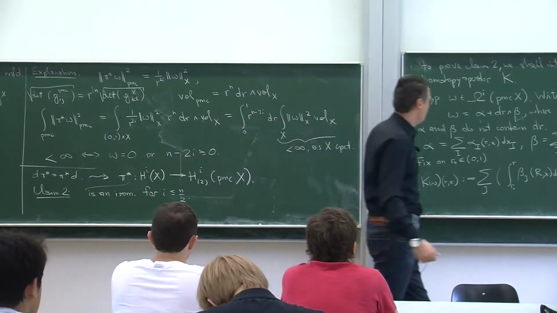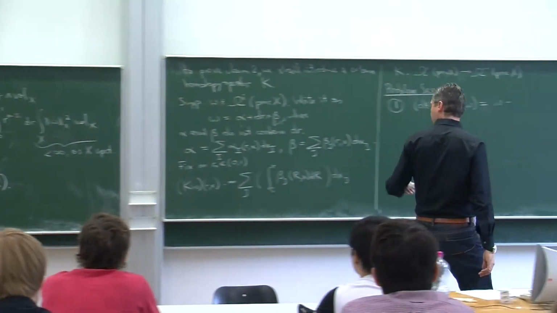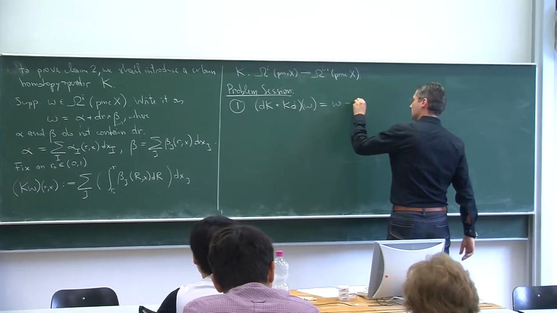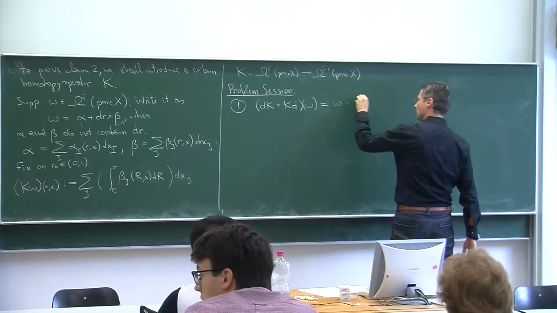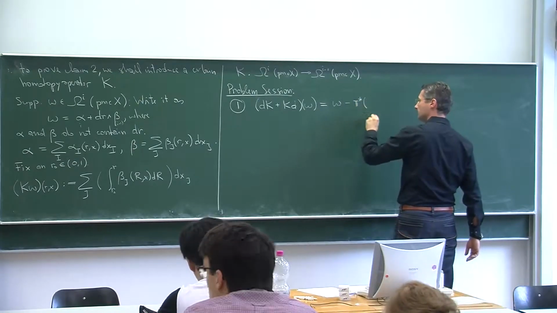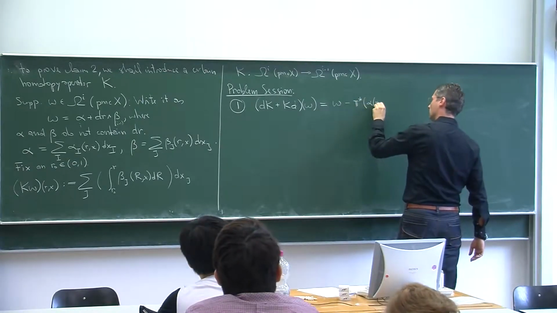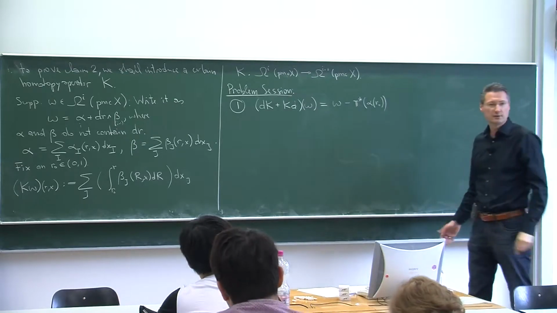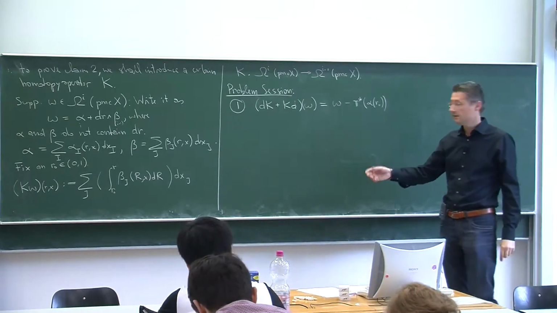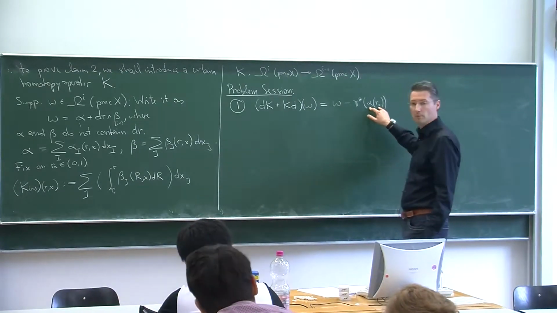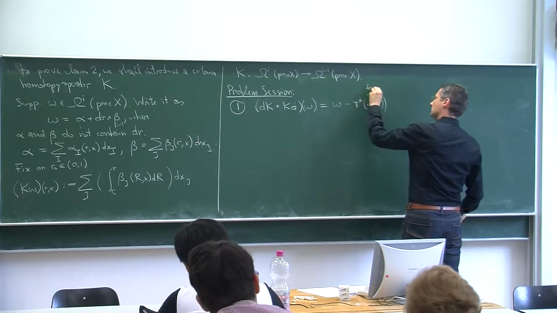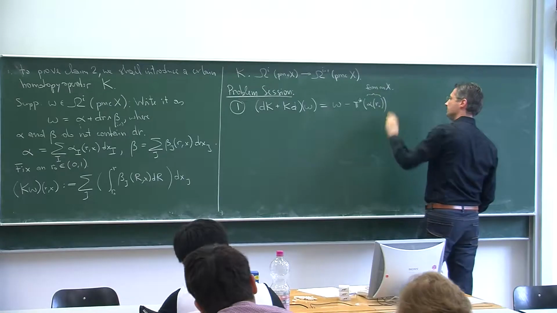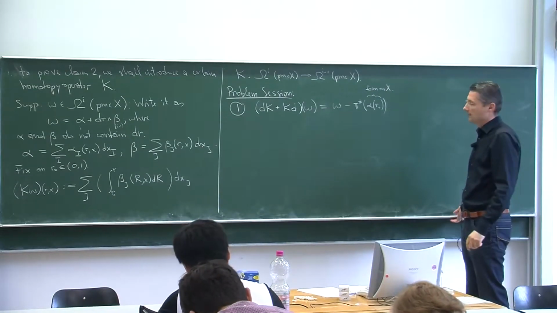So that's exactly achieved by this, because it's a homotopy. This is the difference between omega minus pi star of, and what you have is alpha at r_0, right? And if you fix the r_0, alpha at r_0, that's a form on X. And so this is good, right?